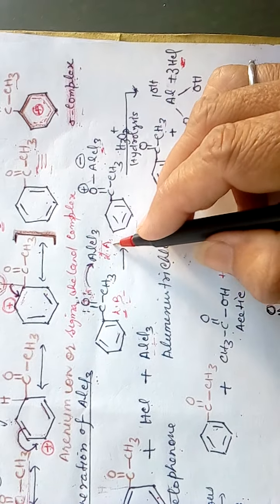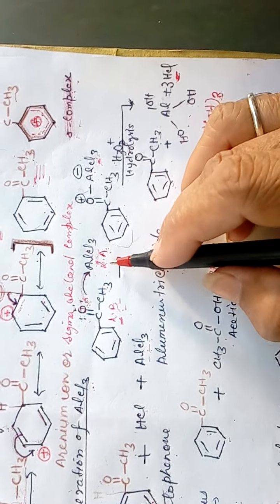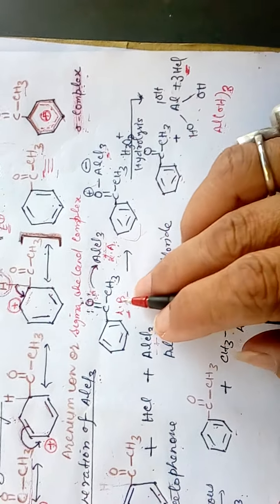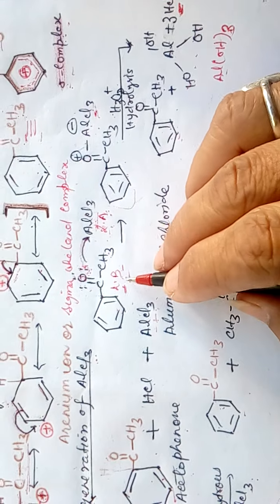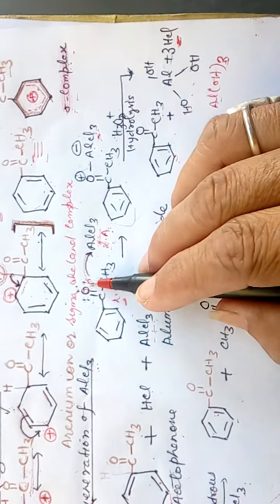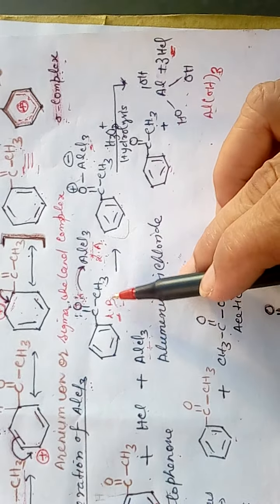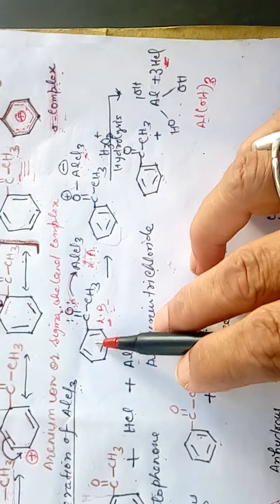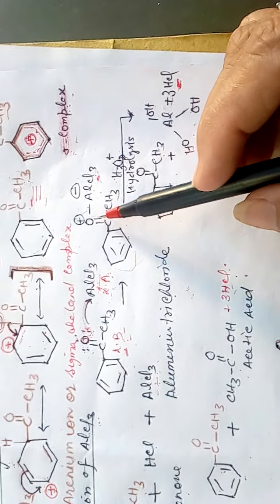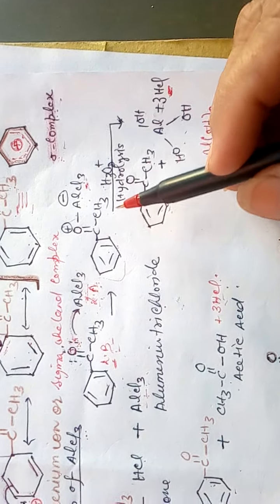AlCl3 is an electron deficient molecule and it is called a Lewis acid, and this acetophenone is an electron rich species and it can donate electrons, so it is known as a Lewis base. This acid and base form a complex, we can say a salt.